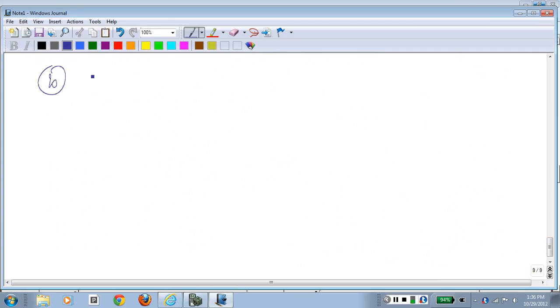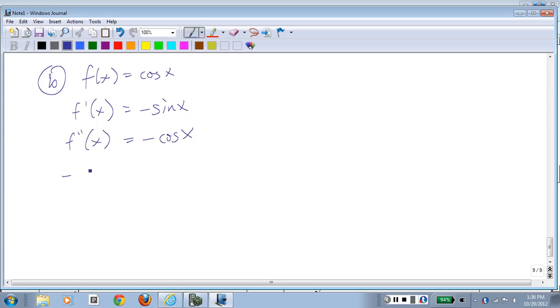So f of x equals cosine x, f prime of x equals negative sine x, f double prime of x equals negative cosine x. If we set negative cosine x equals 0, that's precisely when cosine x is equal to 0. So x equals pi over 2 plus k pi.